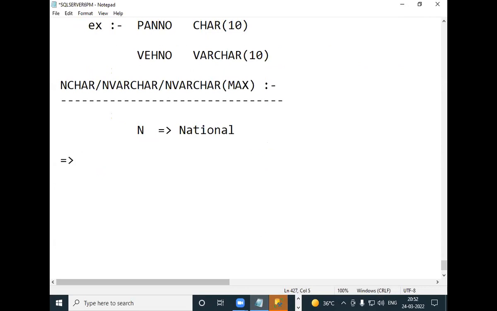This is also the same, but what do these types allow? They allow Unicode characters. Char and varchar allow ASCII characters, but nchar and nvarchar allow Unicode characters.